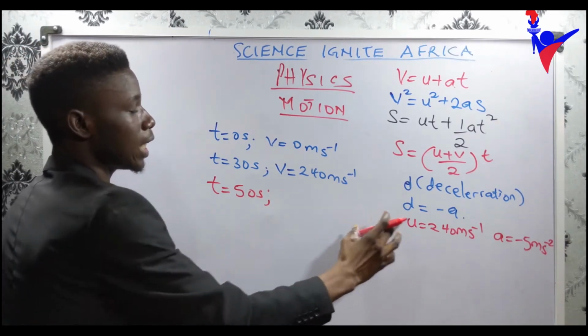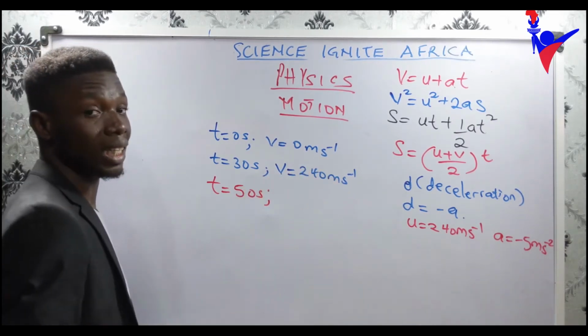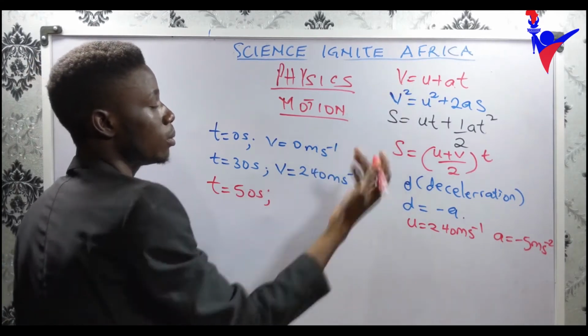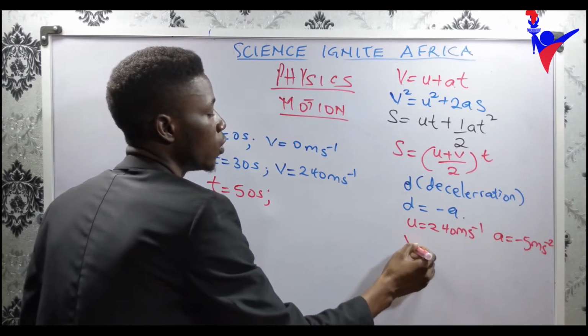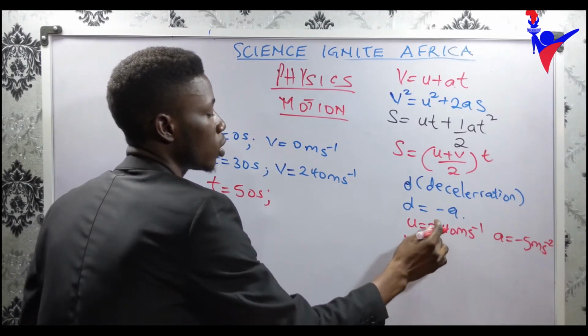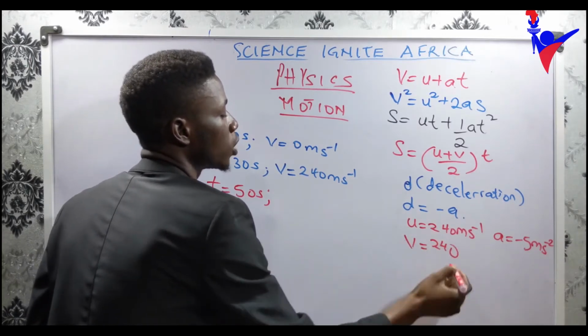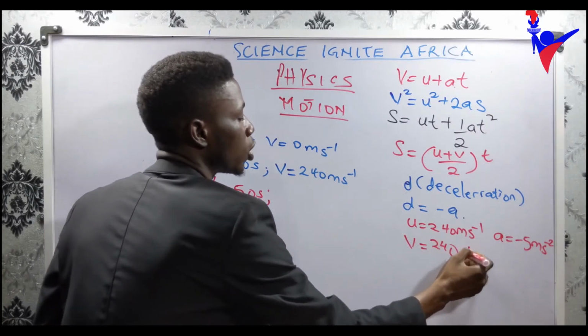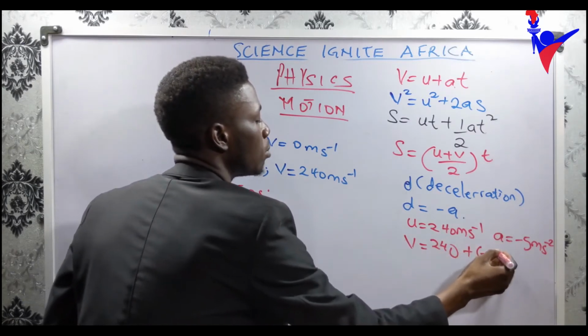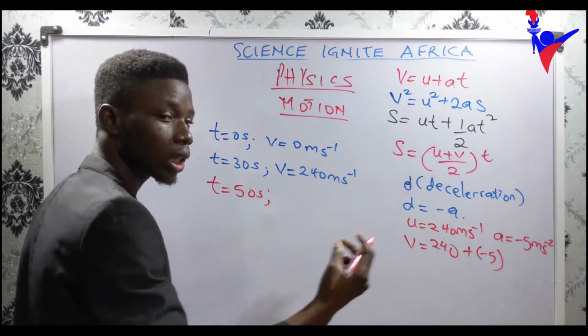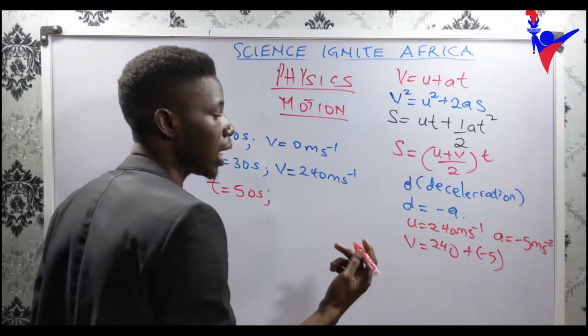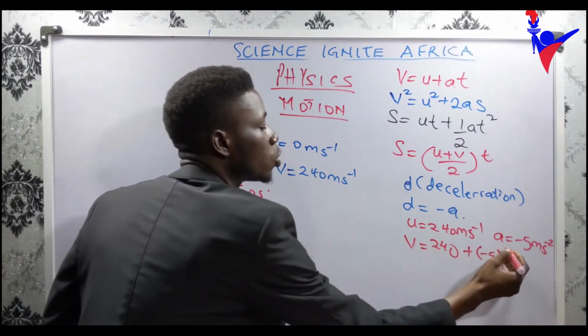Now this implies, so let's now look for what the velocity would have become at that time. Using this same equation, we have v equals u plus at. So v now equals, what's our u? Our u is 240. Then plus, what's my a now? My a is minus 5, and the time taken is actually 20 seconds, because that deceleration happened within 20 seconds.